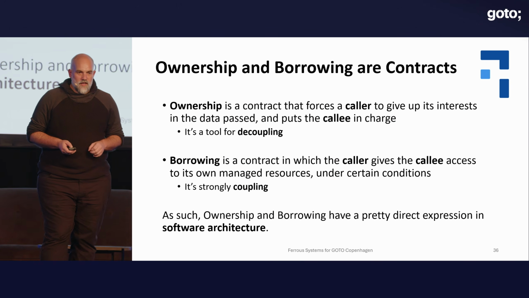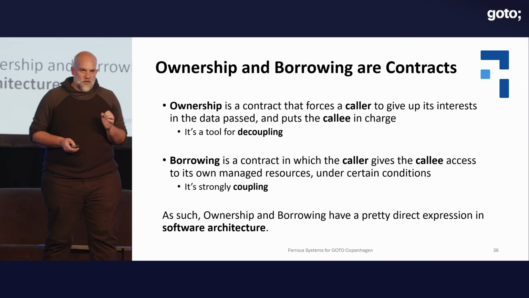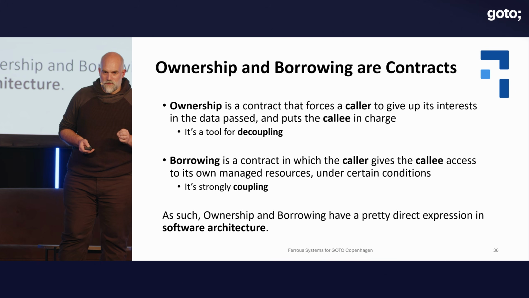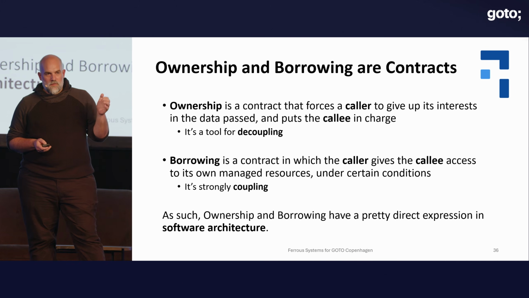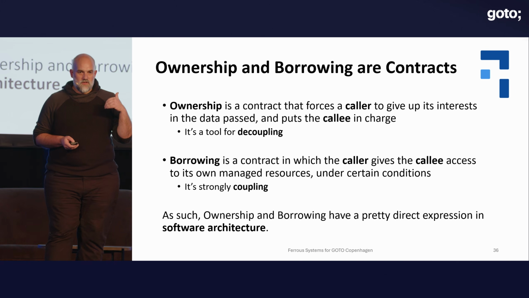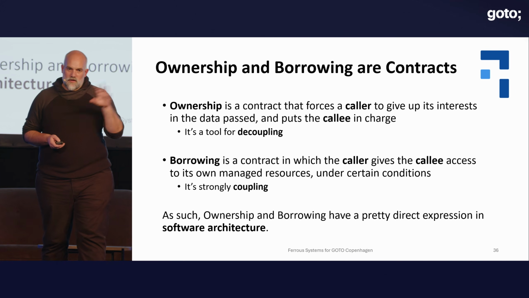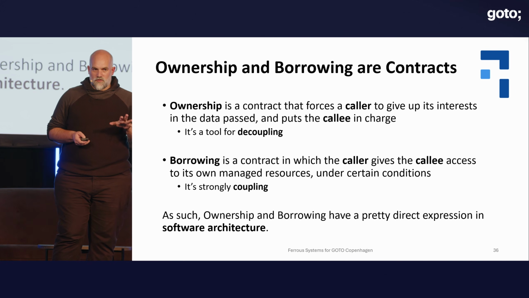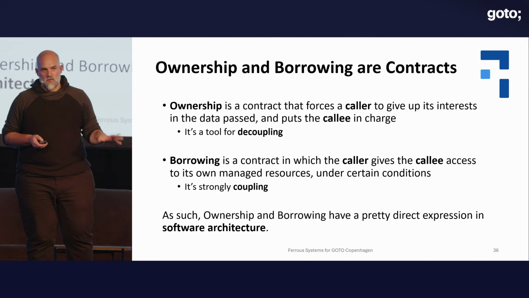So the important thing here is ownership and borrowing are contracts. Ownership is a contract that forces the caller to give up its interests in the data passed and puts the callee in charge. And that means it is, if we think about software architecture, a tool for decoupling, and a very strong one.